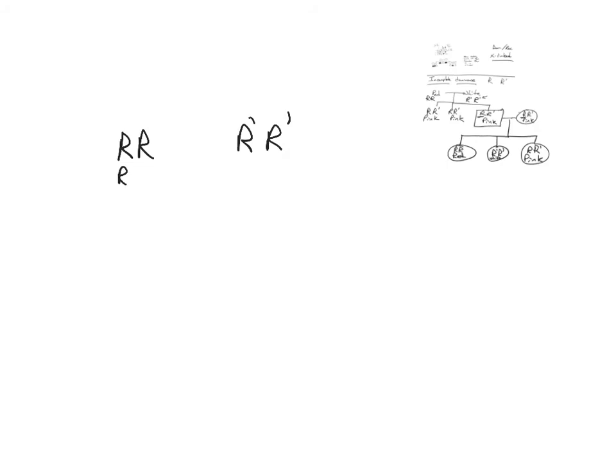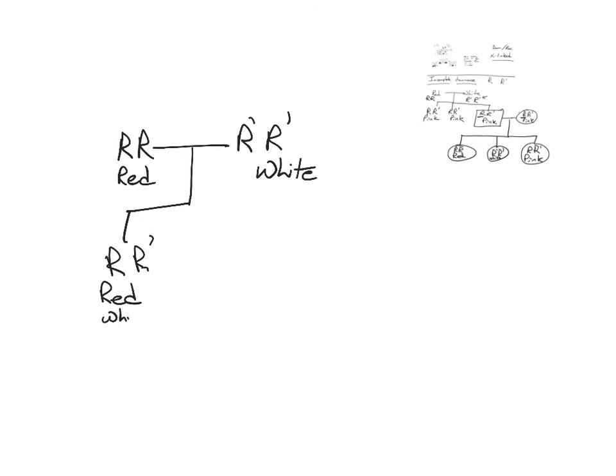Let's say this is red again, and this is white. And the thing is that when these 2 come together and they produce a big R prime, they don't make pink, they make red with white dots. Or let's call them spots. So both of them show up independently now. They don't mix the way incomplete dominance does. This is called co-dominance. In other words, they both show up together.